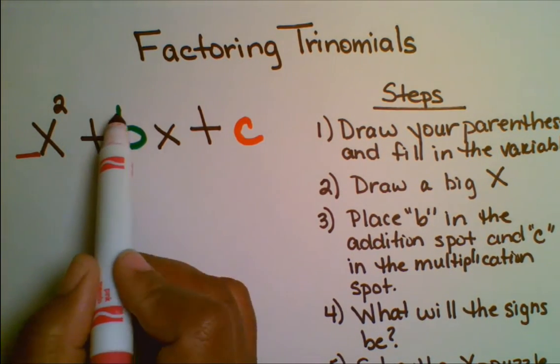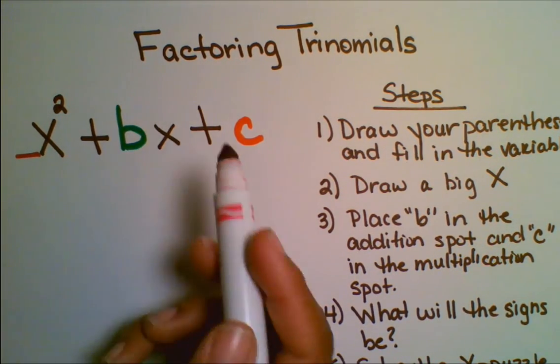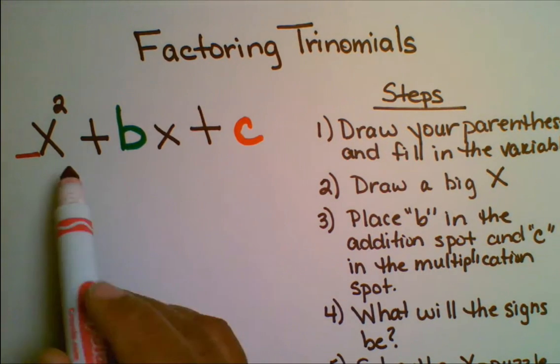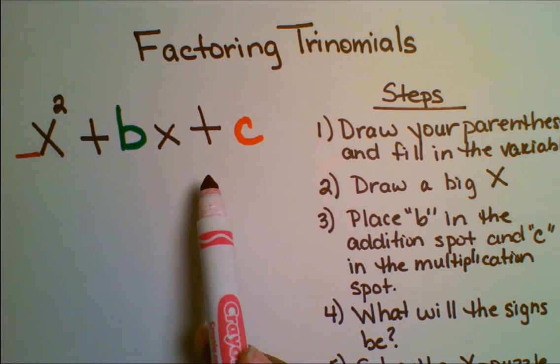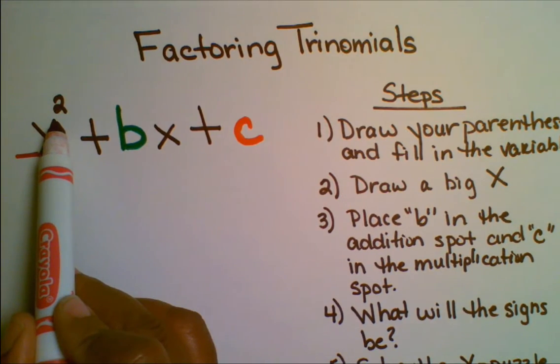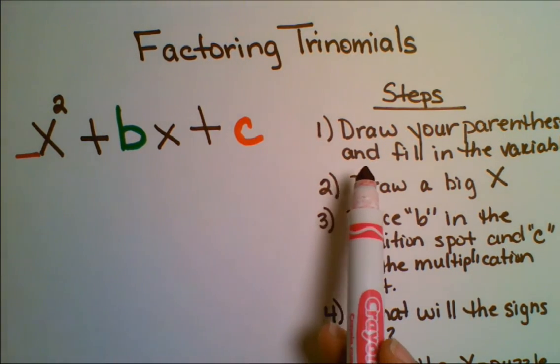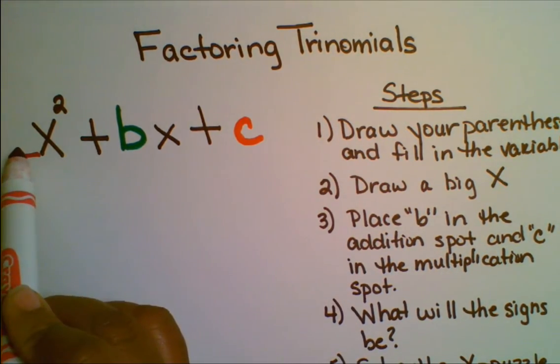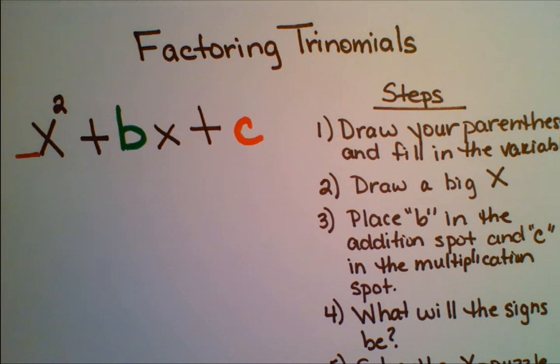This is what we call a quadratic trinomial, because the highest degree is 2 and we have 3 terms, and the coefficient of the x squared here is 1. So what we're going to do is factor.